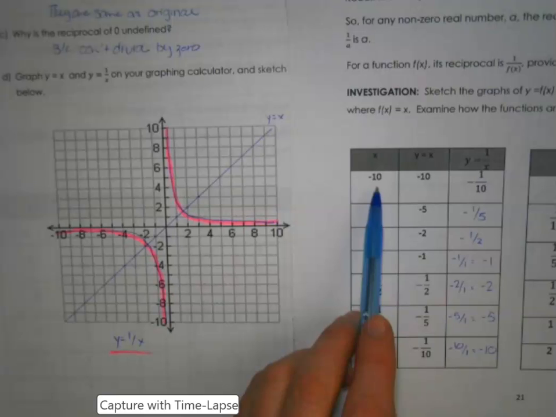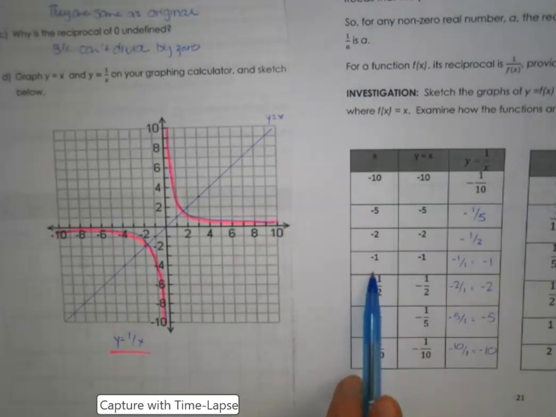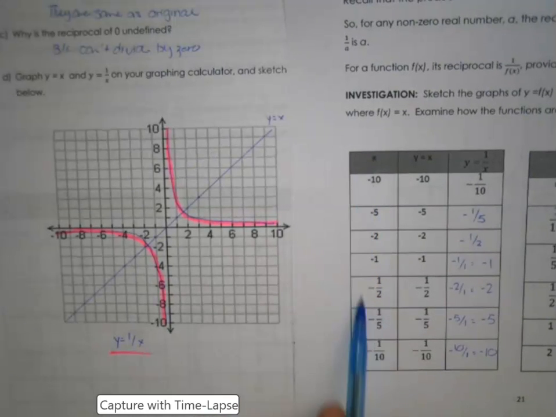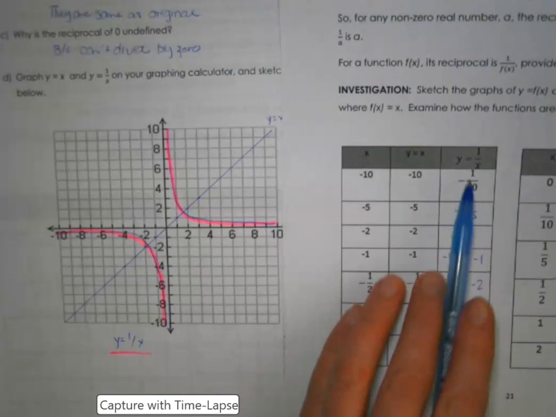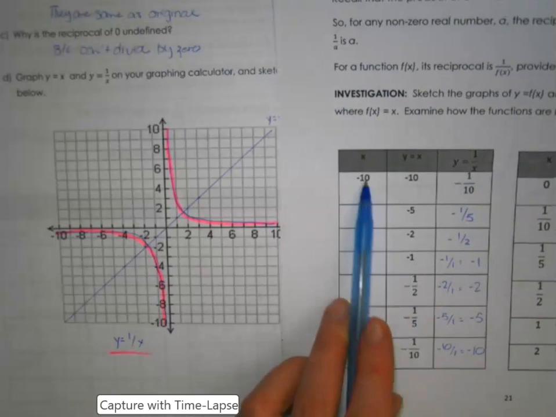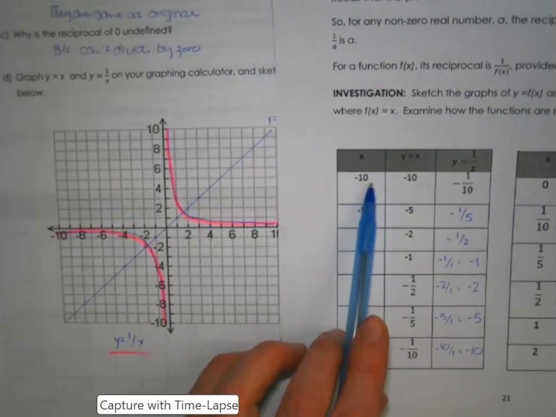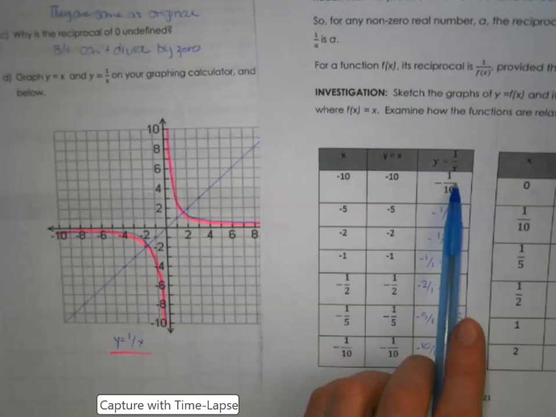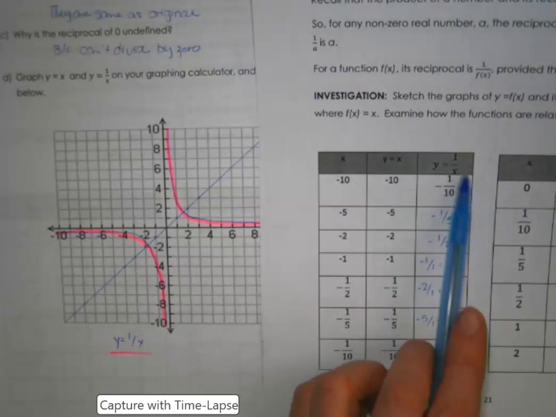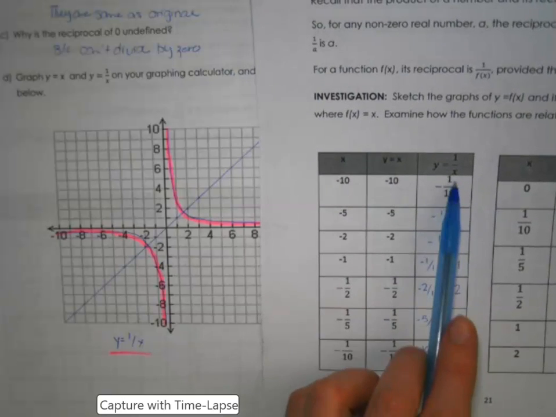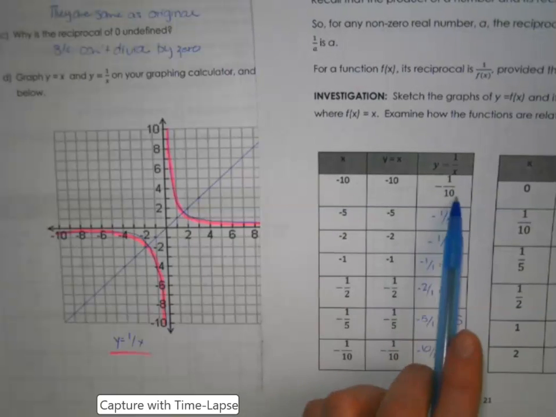So in this case, we had a lot of negative x values, right? All of our values for x were negative. And when we look at the reciprocal function, what do we see? When we have these larger values of x, the reciprocal is going to be 1 over 10, which is a very small fraction.